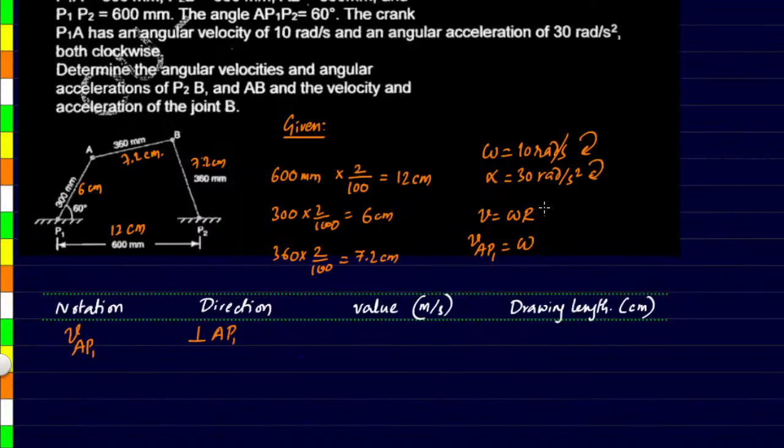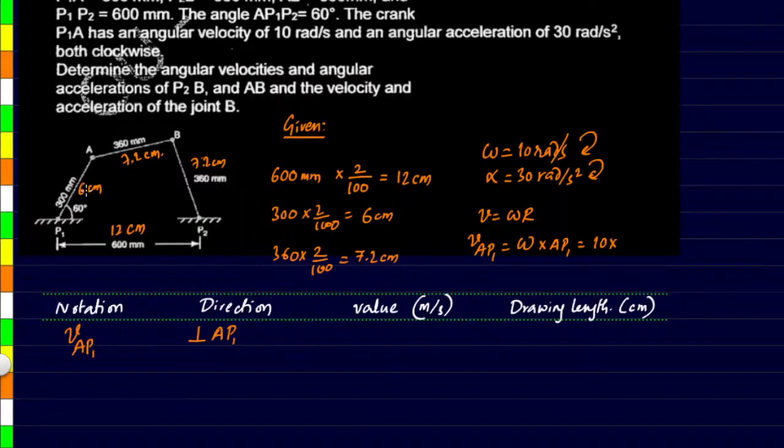So for finding velocity, we will not need alpha, the angular acceleration, we will only need angular velocity. So let's use that angular velocity to find the velocity: omega into the length AP1.